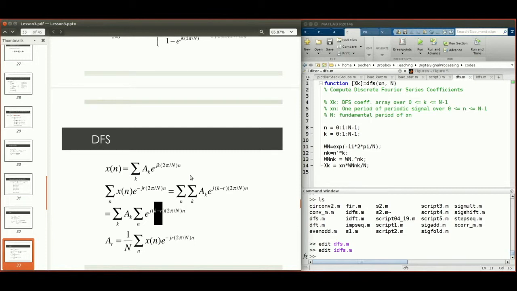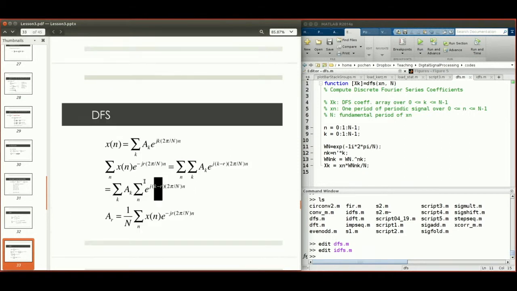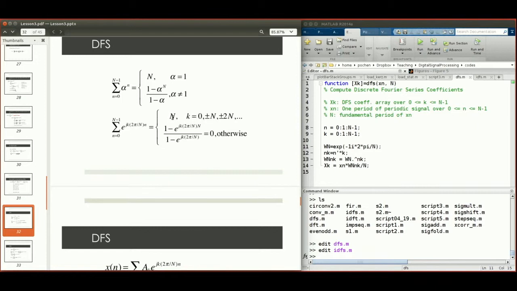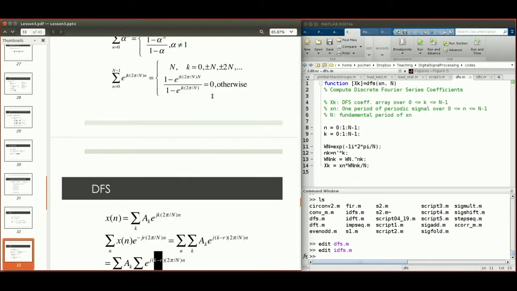And the result here is that most of the time, this summation equals 0, unless k subtract r equals an integer times big N. For the summation to be non-zero, k subtract r has to equal big N times an integer. Otherwise, it's all equal to 0.